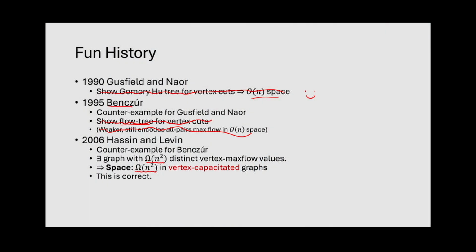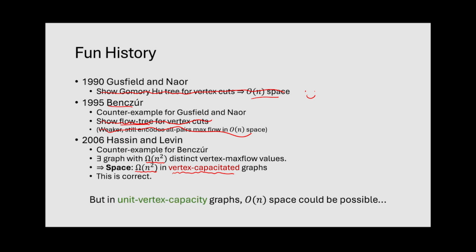So that already gives you an n squared space lower bound. But in this lower bound, they need your graph to have vertex capacities. What's important about this work is that it's correct.